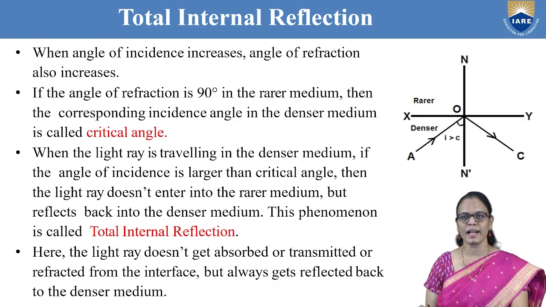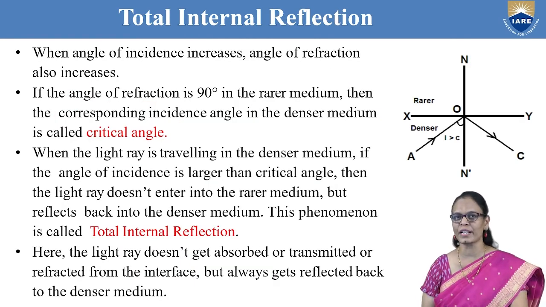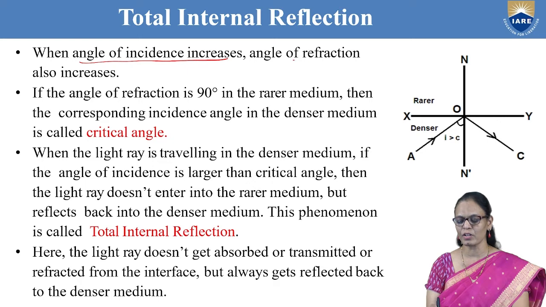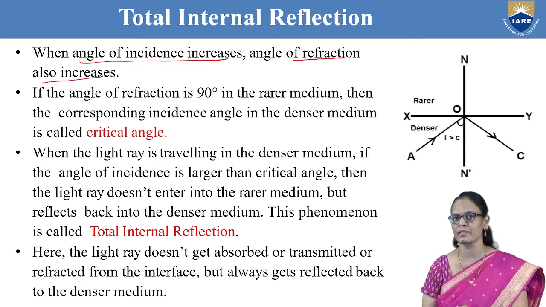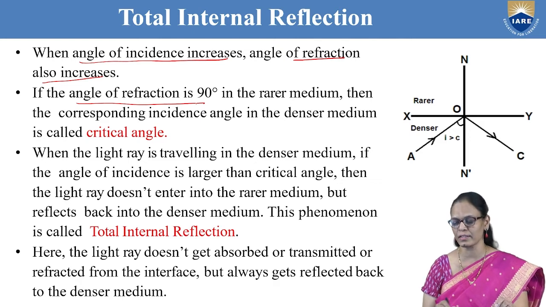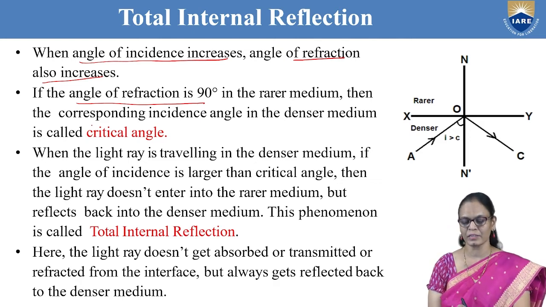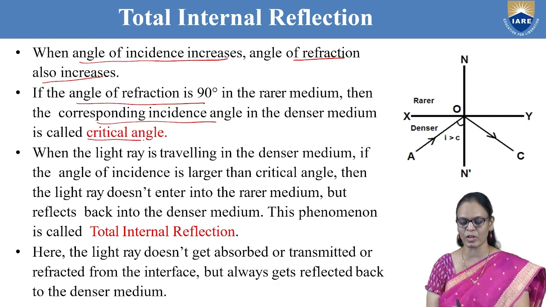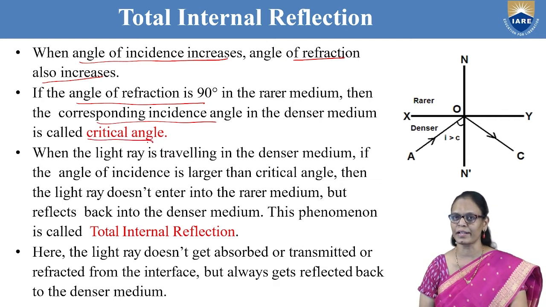Now let us understand the entire phenomenon of total internal reflection. What we are talking about is, as the angle of incidence increases, the angle of refraction also increases. And if the angle of refraction is 90 in the rarer medium, then the corresponding angle of incidence in the denser medium, we are calling it as critical angle.